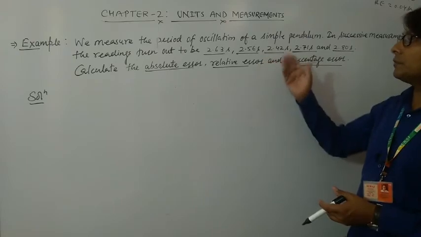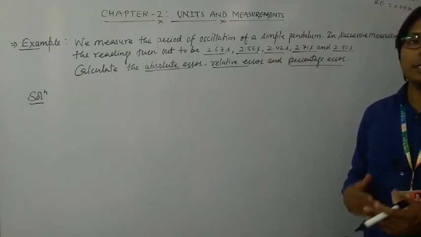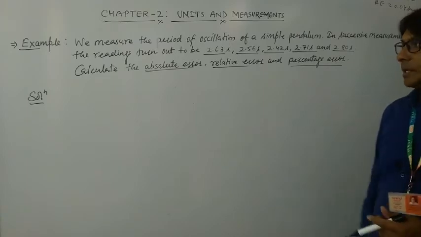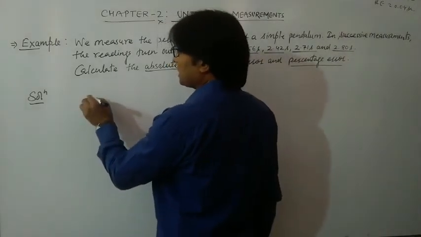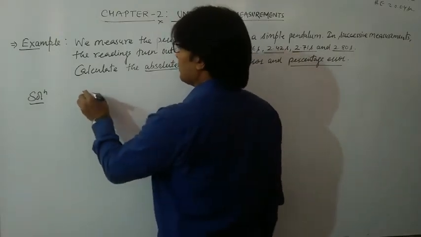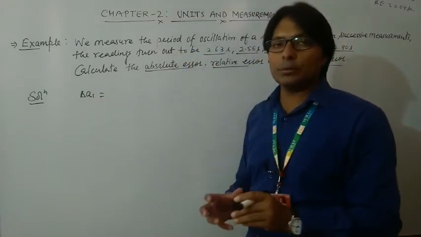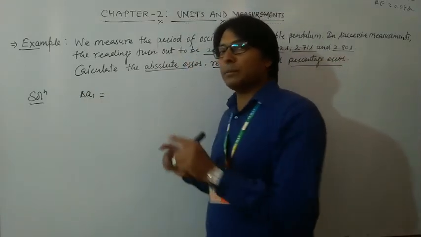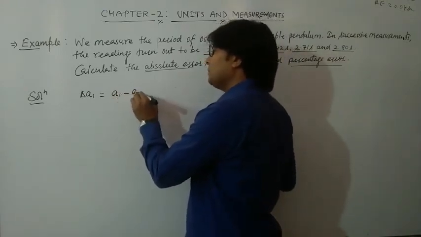We have taken 5 observations, which means there will be 5 absolute errors, one in each and every measurement. So first we will calculate absolute errors. The absolute error in the first reading will be delta A1, and the formula for absolute error is the difference between measured value and true value. So it will be A1 minus A mean.